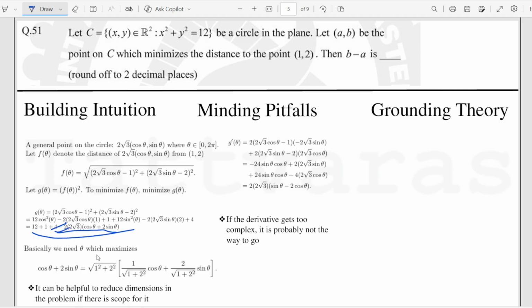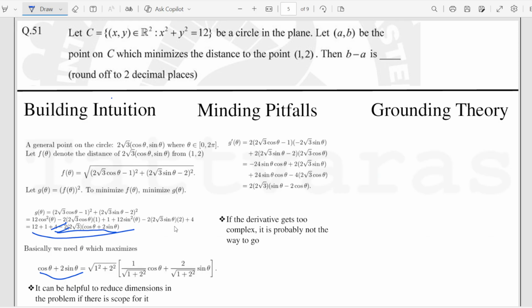So that's why. And the neat trick over here is to convert the two trigonometric functions into one. And it's a very nice approach.